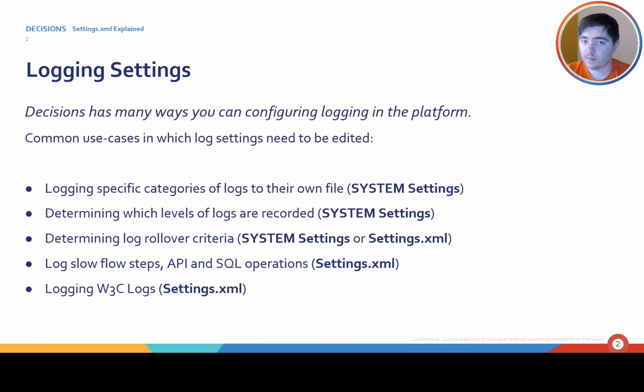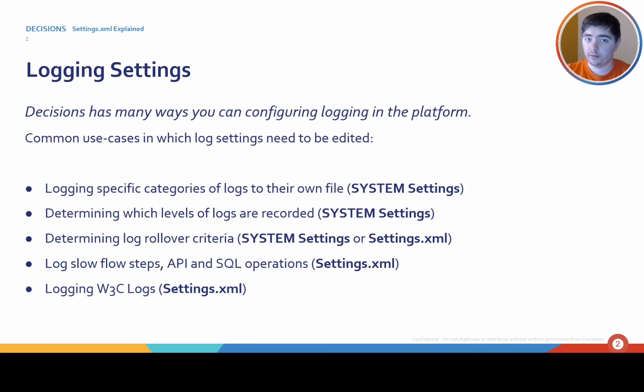However, you can specify particular categories to be logged to their own file for ease of tracking and analyzing. Another thing you can do is determine which log levels are recorded. I will be demonstrating these levels when we get inside of our demo portion of this video, but it is important to note that you can choose which level of logging is actually recorded for particular logging categories.